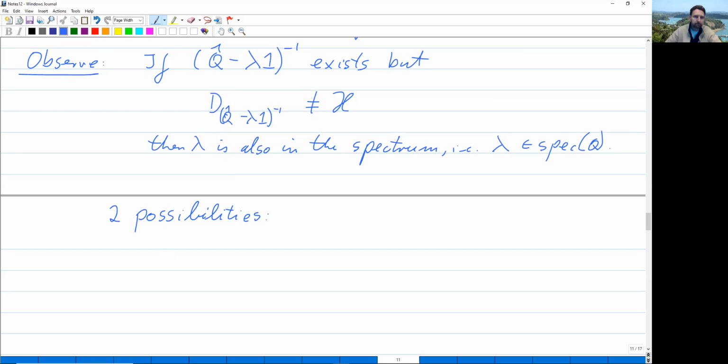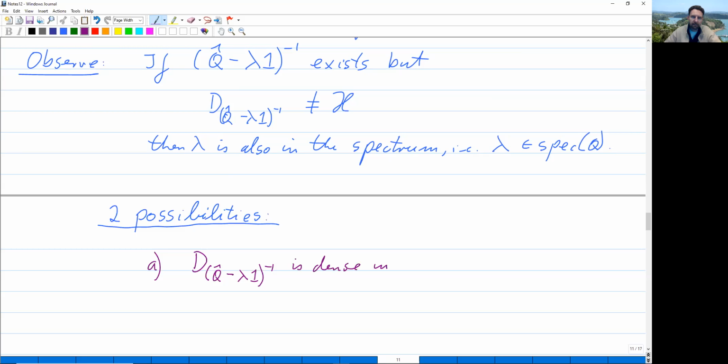Possibility A: we could have that the domain of Q hat minus lambda the identity inverse, so the inverse exists, is smaller than the Hilbert space, but it is dense in the Hilbert space.